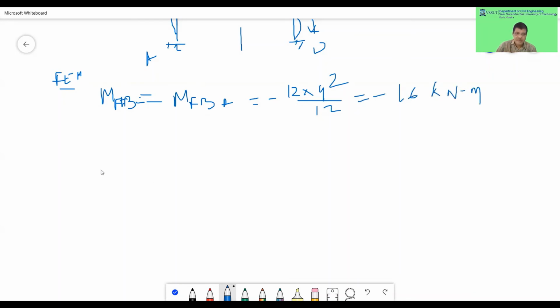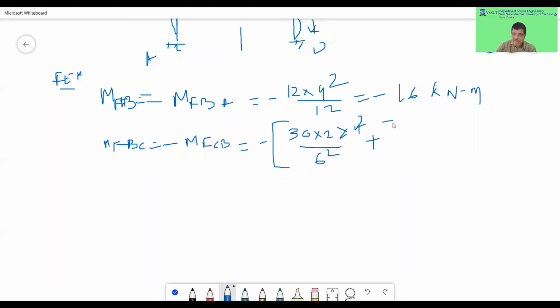If you go for MFBC, MFBC is equal to minus MFCB because the loads are equal on both sides. So you can find out this comes out to be the first load WAB square by L square, 30 into 2 into 4 square by 6 square plus 30 into 2 square into 4 by 6 square.